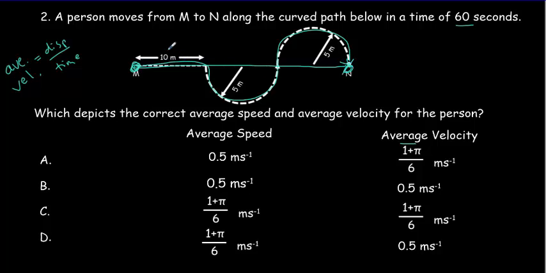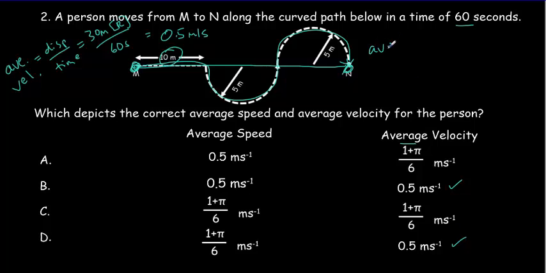So this vector is 10 meters plus another diameter here, another 10 meters plus another 10 meters here. So it's displaced by 30 meters. If we wanted to put in a direction, we could say to the right, and it does that in 60 seconds. And so the velocity there would be 0.5 meters per second, and that's to the right. So our answer has to be either this one or this one, B or D.